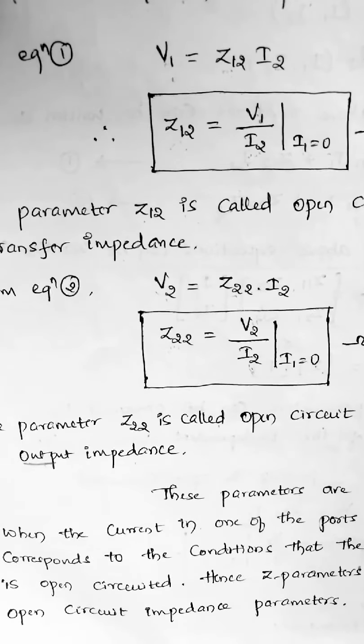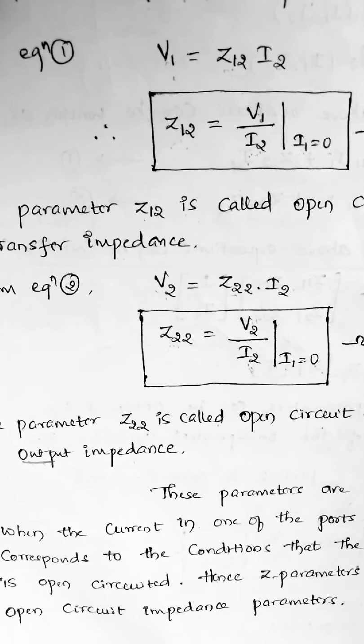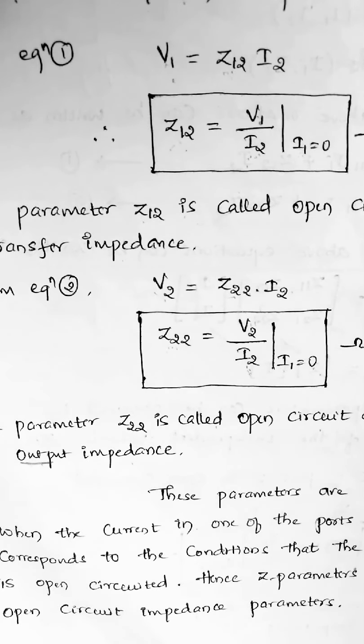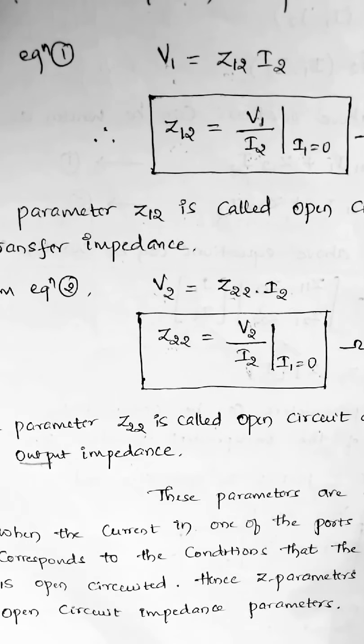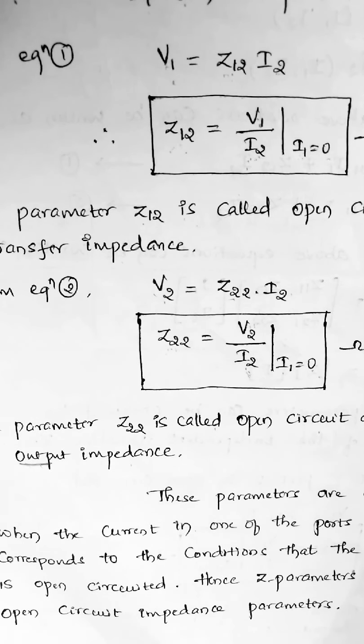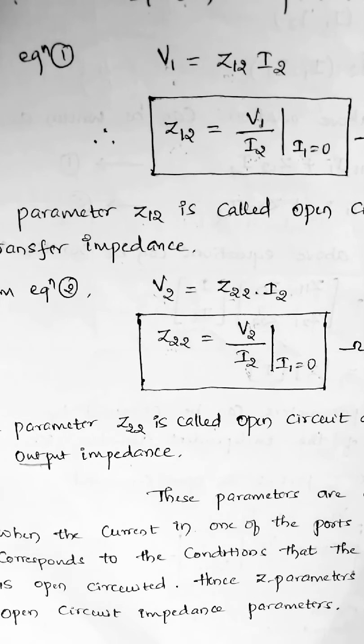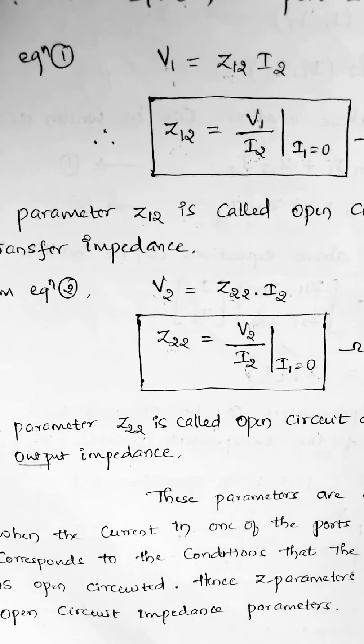Okay. As I told earlier, the Z parameters are called open circuit parameters. Why are we calling them open circuit? Already we discussed two cases: making I2 equal to 0 in the first case, and I1 equal to 0 in the second case. In the first case we made the output port open, in the second case we made the input port open.